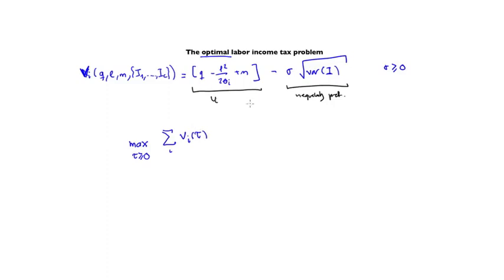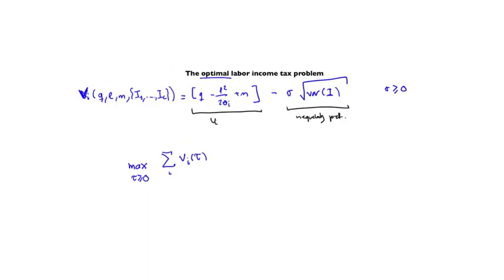So we've seen before that as we change tau, we change the allocation, we change the incomes, we can plug this in every V_i, and we want to maximize the sum, the total utility in society, as a function of the tax. And also to give you a high level intuition, notice that this term is very important because it's introducing an explicit motive for redistribution. And we're going to see more specifically how that matters soon.